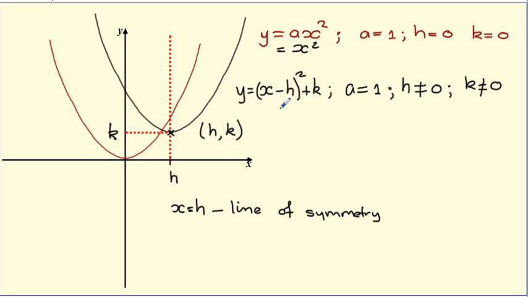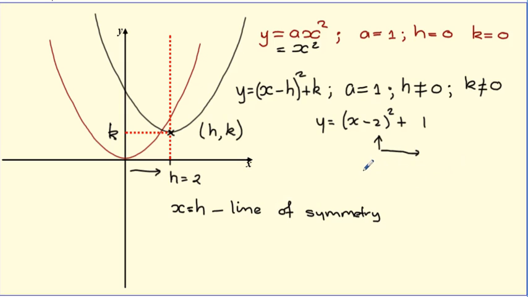We've already seen that h indicates a horizontal shift of the graph to the right. Now let's say we have this kind of function, (x minus 2) squared plus, let's say, 1. This h will shift the graph horizontally to the right by 2. So in this case, our h will be 2.